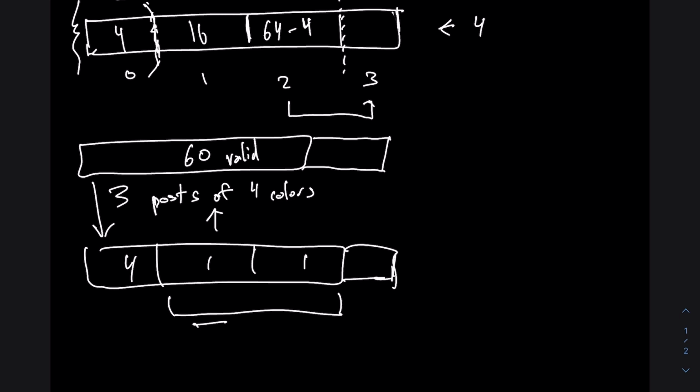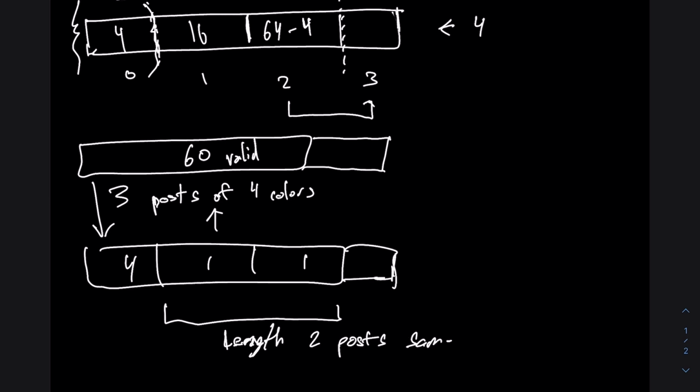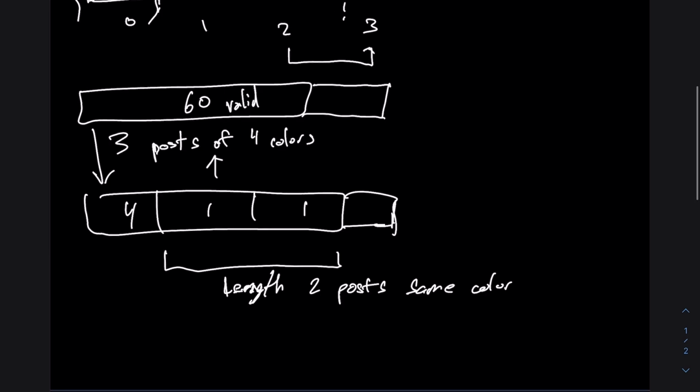So our first approach would be to try to figure out how many of these 60 valid have these length 2 sequences, right? 2 posts, same color. How many of these 60 have these?